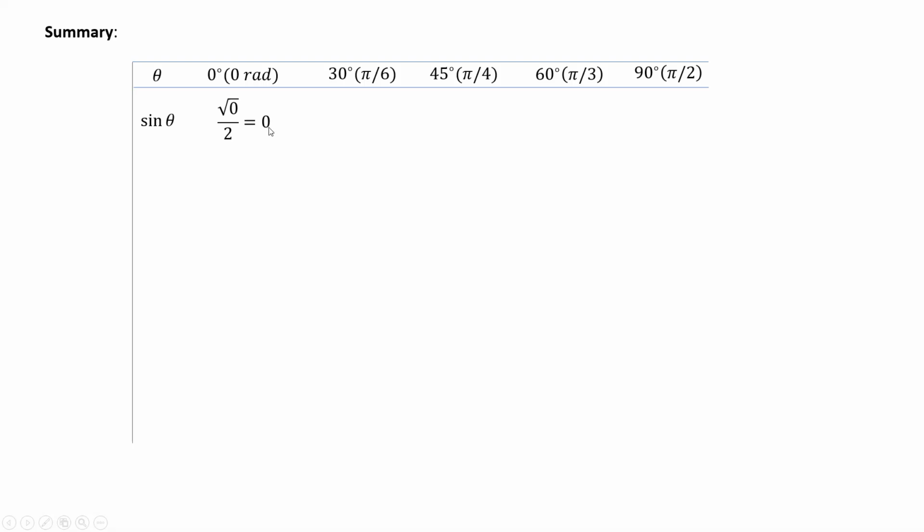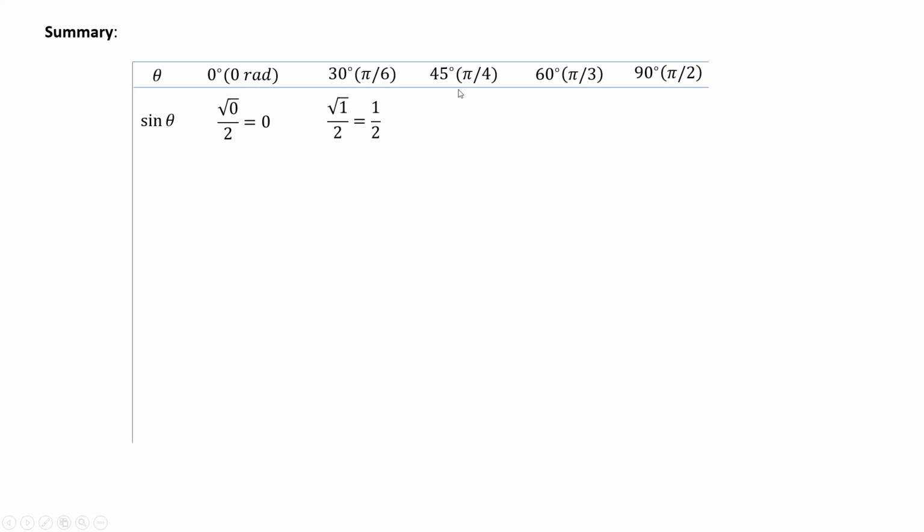But instead of thinking of it as just a simple 0, on purpose, I'm calling it a square root of 0 over 2. Why? Be patient. Sine of 30 degrees: did any of you have a chance to memorize that? Sine of 30 degrees is 1/2, but I'm going to write that as square root of 1 over 2.